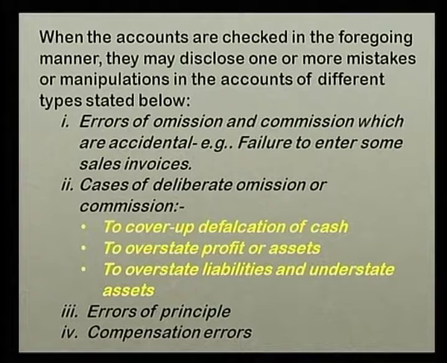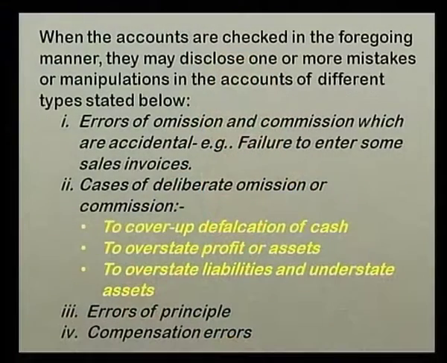The next one is overstating the liabilities and understating the assets. This can be done to minimize the profit so that there is less income tax and other taxes due from the company. Also, it could be done to increase the liabilities and show a sagging image of the organization.